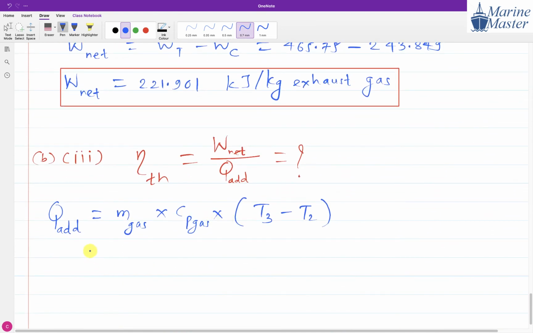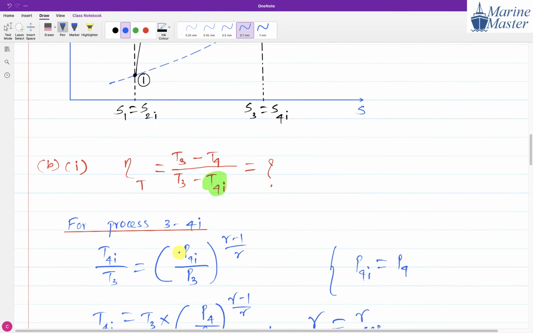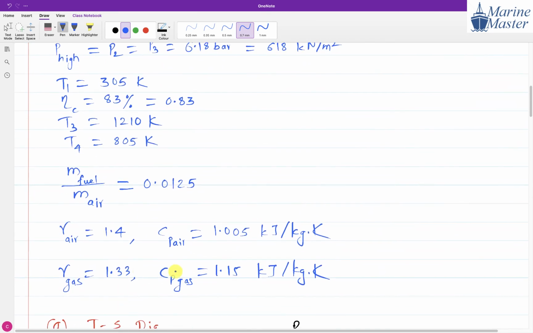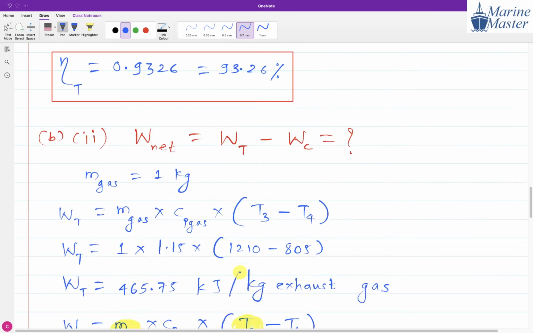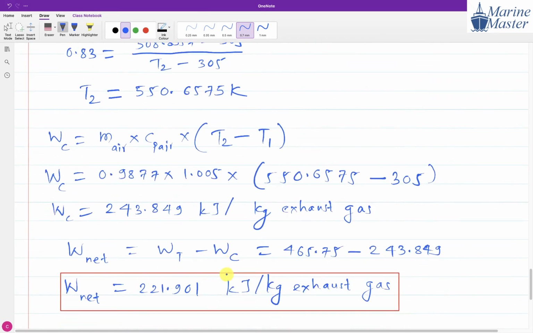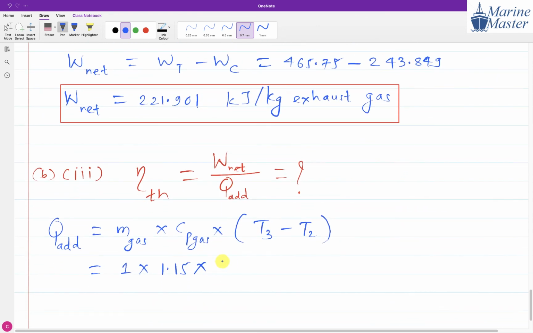Now mass of gas, how much have they given us? 1 kg. Cp of gas is 1.15. Check how much Cp of gas we have in the given data: Cp of gas 1.15 kilojoule per kg K. Next, T3: how much have they given us? Check it. 1210.